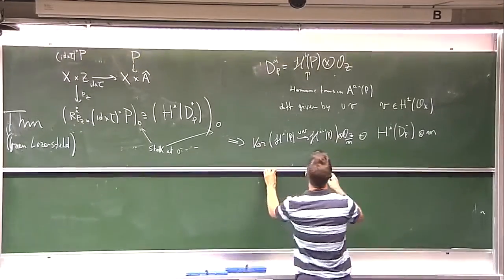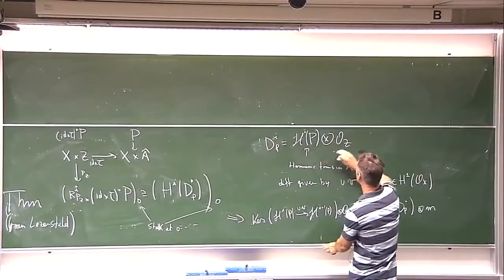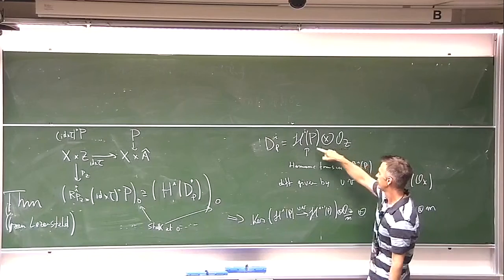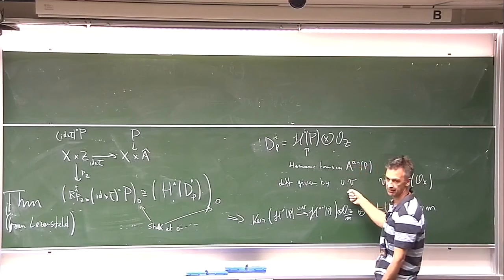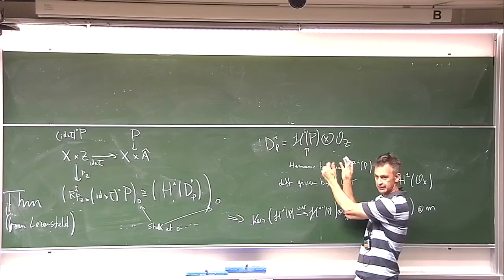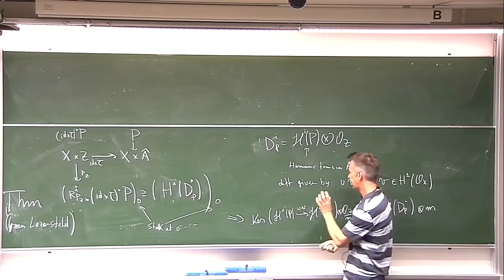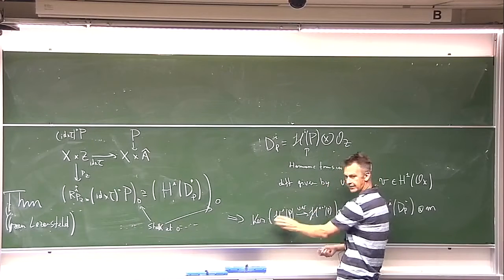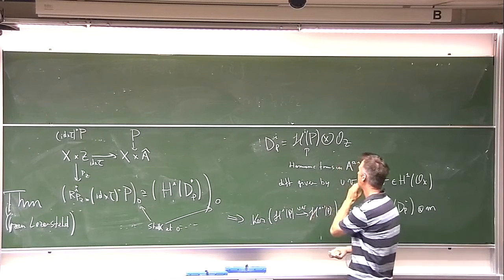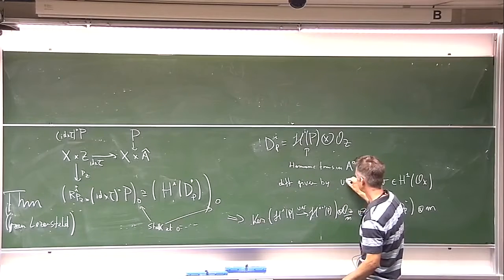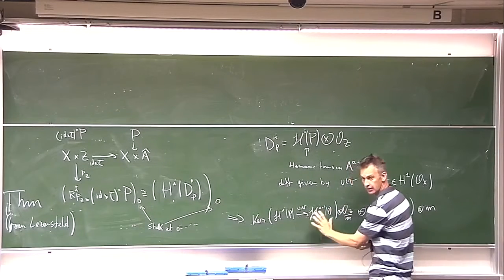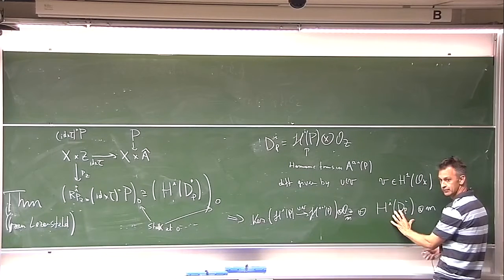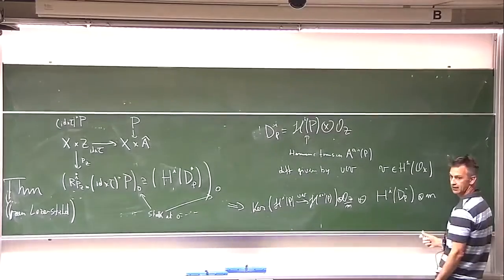So this is my complex, and it is tensored with O of Z, but the differentials are induced by cup product with V. When you compute this, if I think of it as graded by T, in degree 0, I get the whole kernel. And in higher degrees, I just get the cohomology. That's what it's saying.